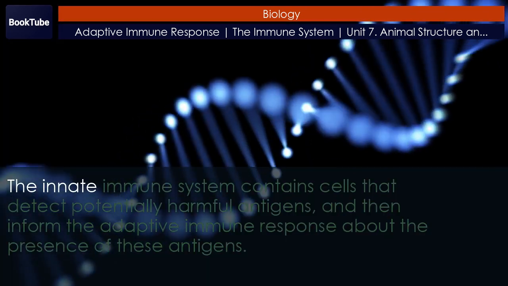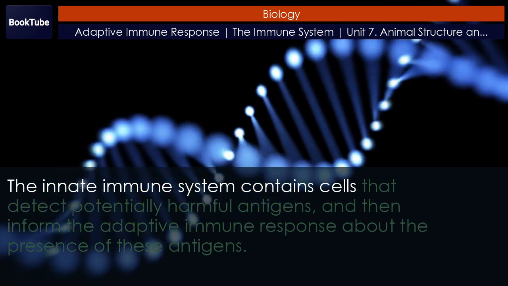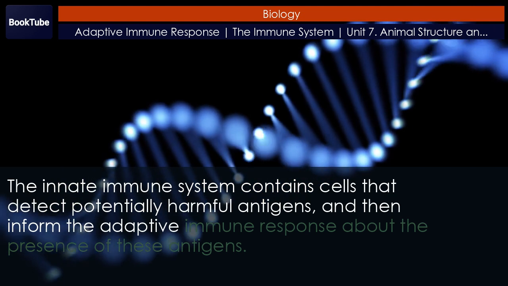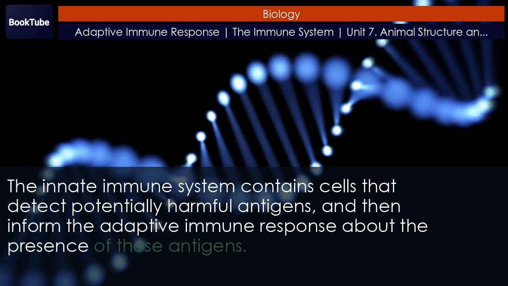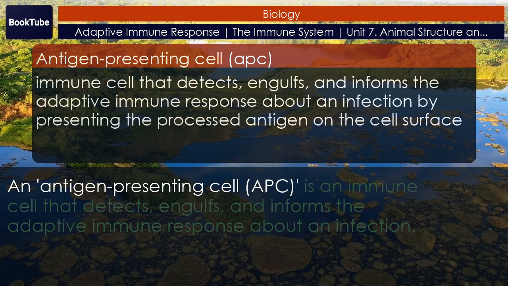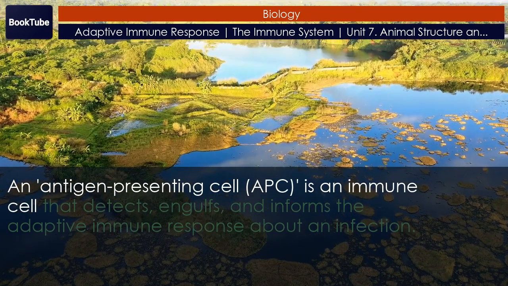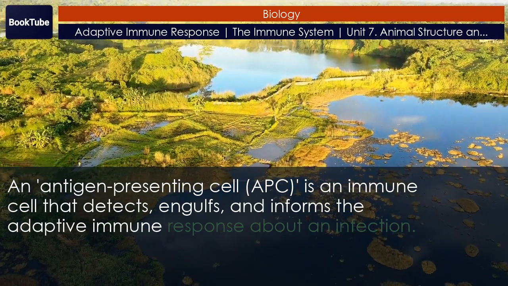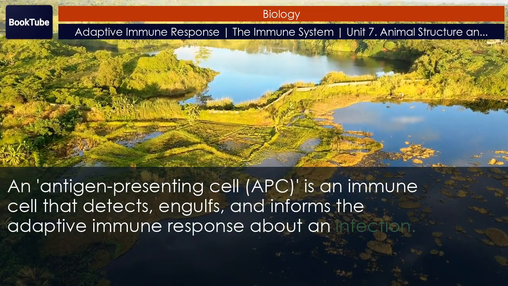The innate immune system contains cells that detect potentially harmful antigens, and then inform the adaptive immune response about the presence of these antigens. An antigen-presenting cell, or APC, is an immune cell that detects, engulfs, and informs the adaptive immune response about an infection.